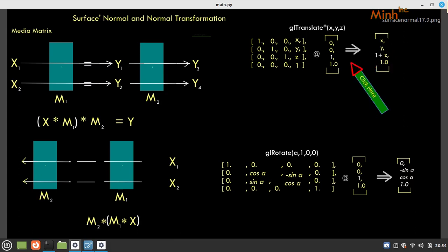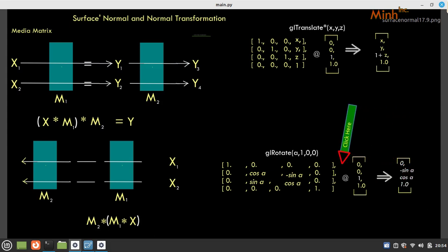Okay, now let's see the rotation. Now same 0, 0, 1. So the point is 0, 0, 1. If I rotate along the x-axis by angle A, it becomes 0, minus sin A, cos A, 1 dot 0.